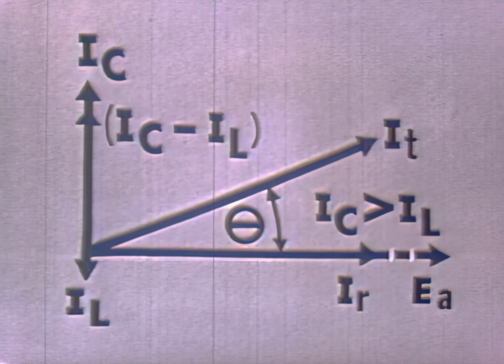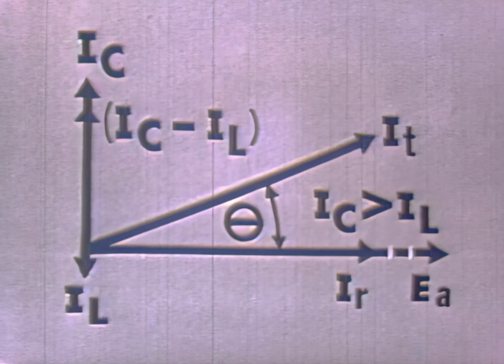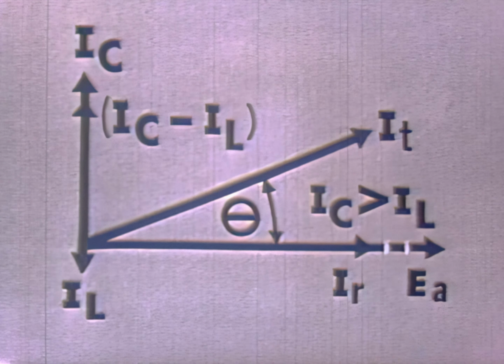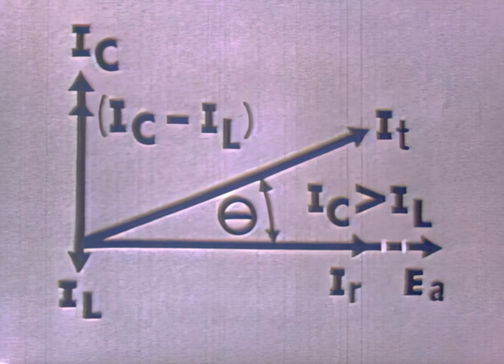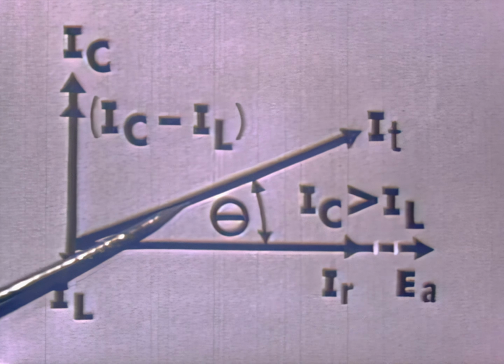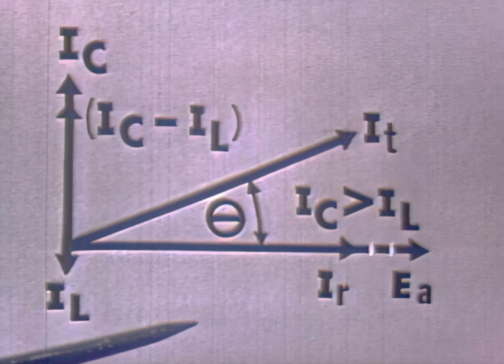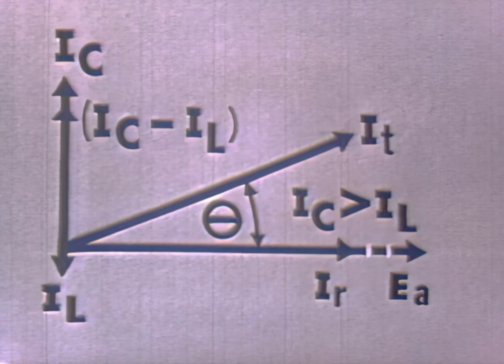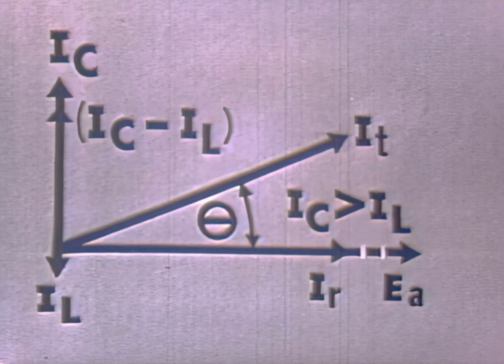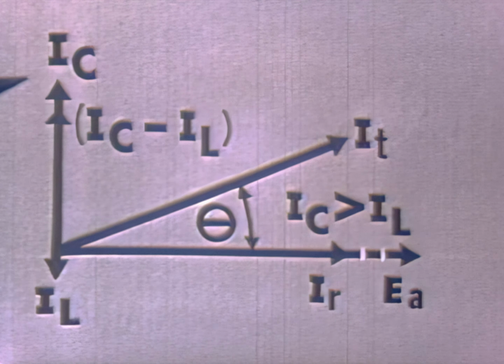Well, with a condition such as this, our circuit is acting capacitively because we have a leading phase angle. But suppose now I wanted our circuit to go from a leading phase angle down to a lagging phase angle. Well, to cause this to occur, then IL would have to be greater in magnitude than IC.